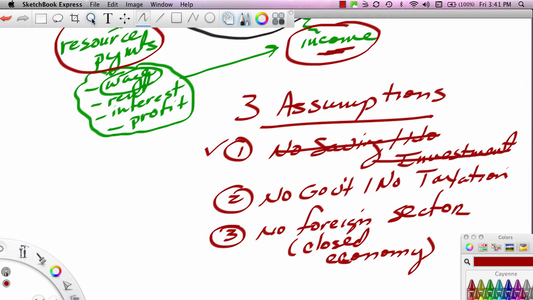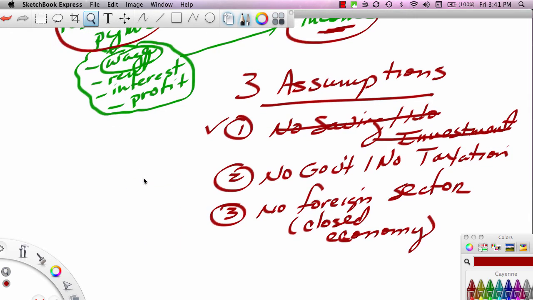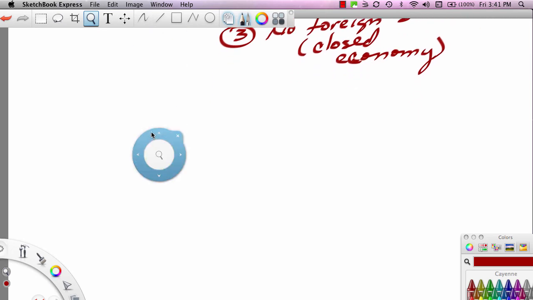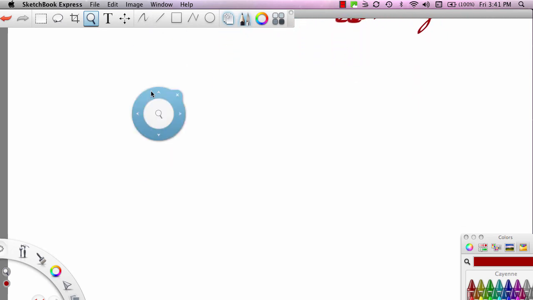Now let me go ahead and move this out of the way, and we'll actually begin to draw the complex circular flow model. Again, the first thing we'll do is we'll incorporate saving and investment. Okay. Now what I would do if I were you is I would take a sheet of paper, turn it sideways, and we're going to draw a model that's fairly elongated.